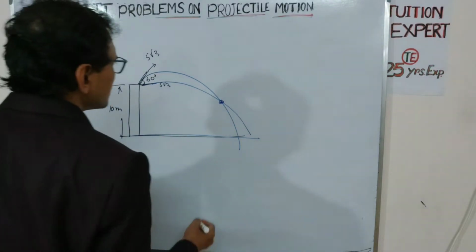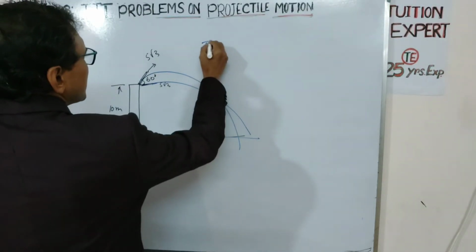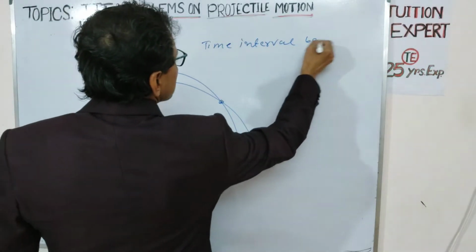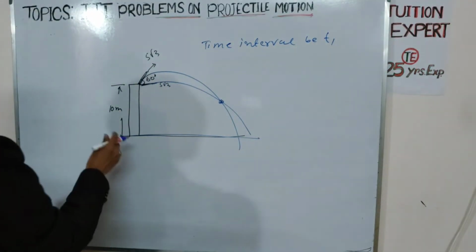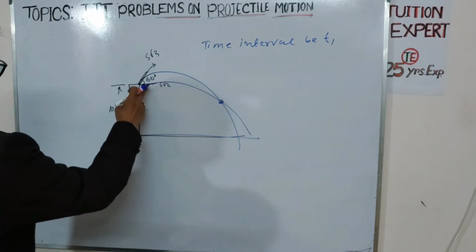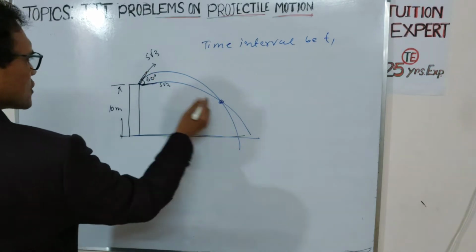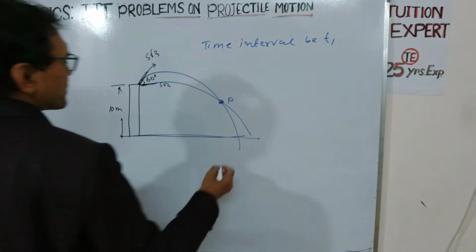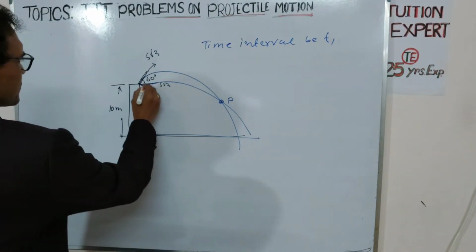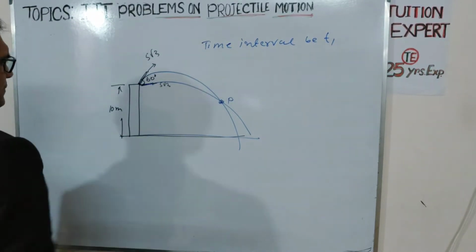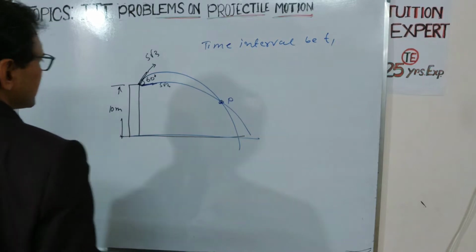So to solve this, we take the time interval between the two shots as t1, and the two shots meet at the point after t seconds from the later one, which is projected later.